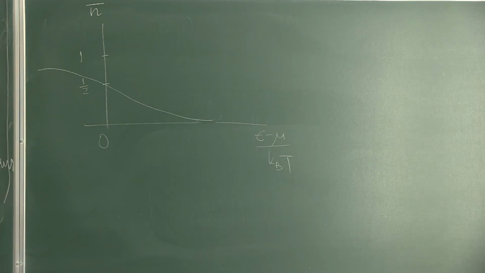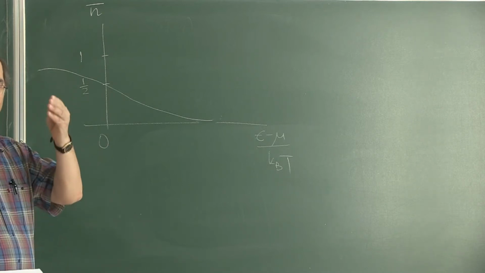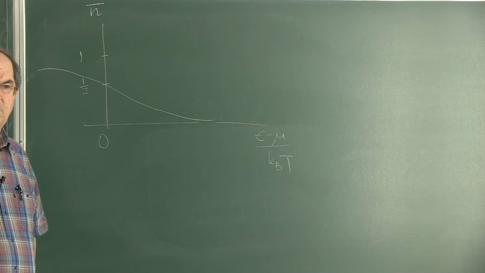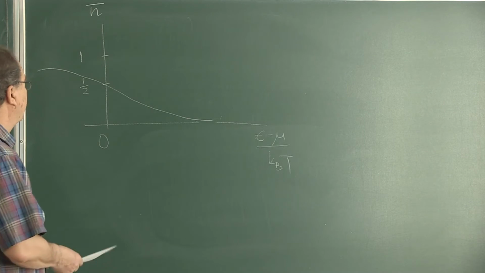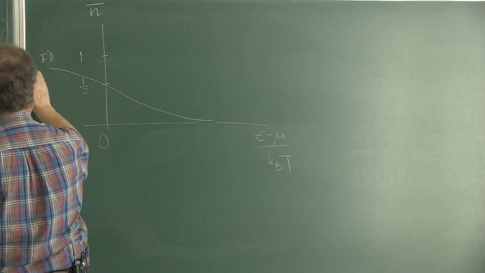When that becomes big, it goes to 0, it must be Fermi-Dirac, isn't it? And when the exponent is 0, 1 over e to the 0 plus 1 is 1 over 2, isn't it? So that's Fermi-Dirac distribution function.